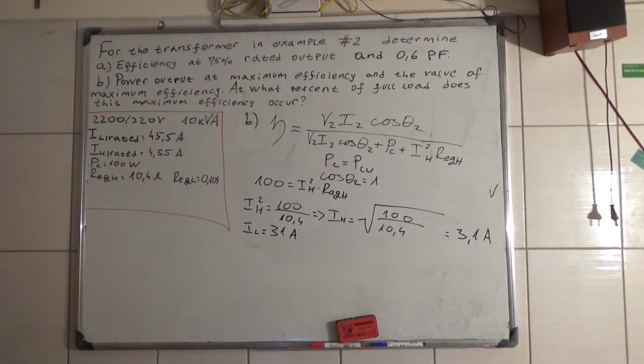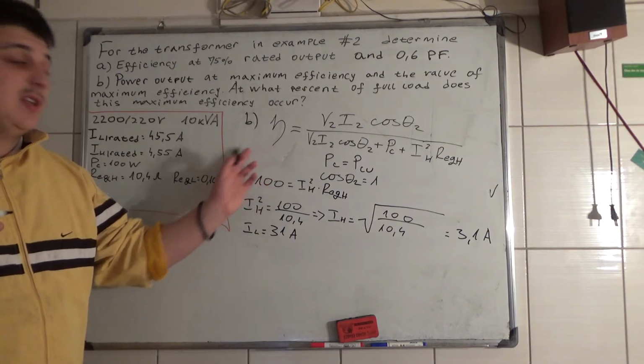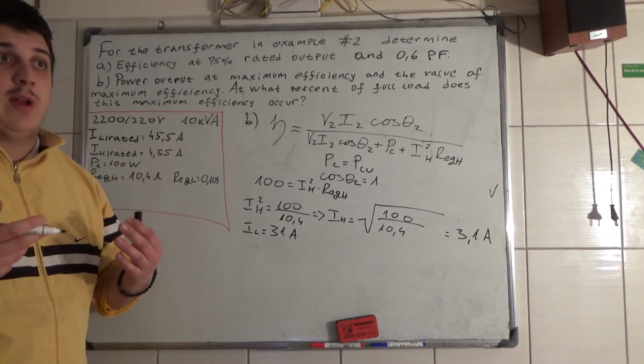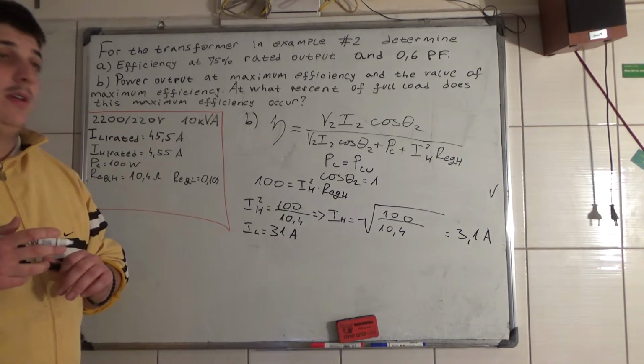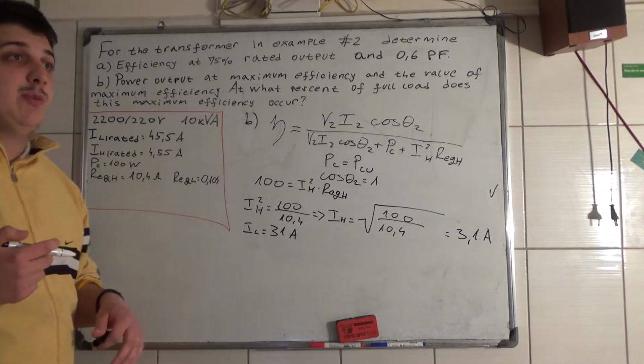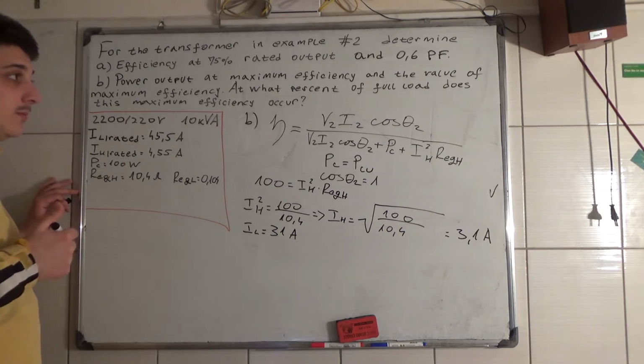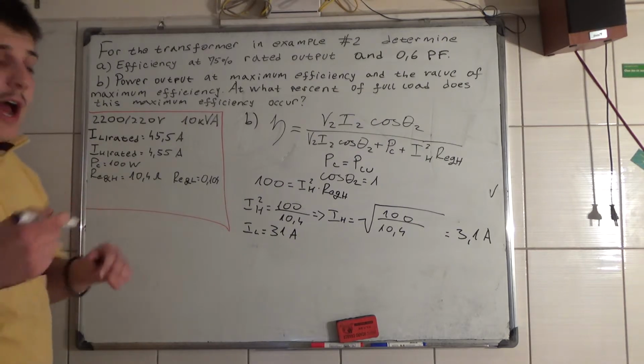Now we can calculate the efficiency. So this is the value of the maximum efficiency. We still don't know at what load it occurs, but we can calculate the output power. Oh sorry, I made a mistake.